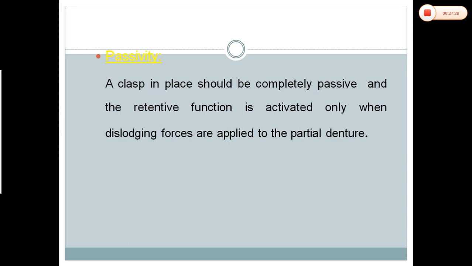The retentive tip will exert force or be active only when it runs over the height of contour, during placement or during removal. Only when the tip runs on the height of contour will it be active. The remaining time the tip has to be passive. When the clasp is placed, it should be completely passive, and the retentive function is activated only when dislodging forces are applied to the partial denture.